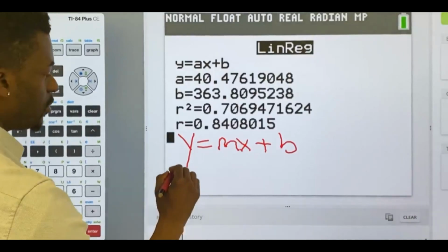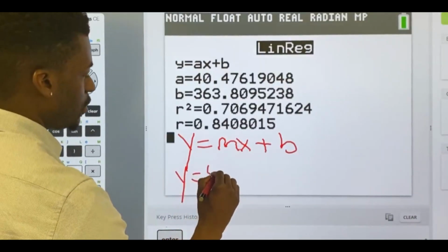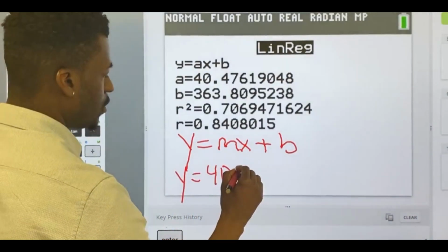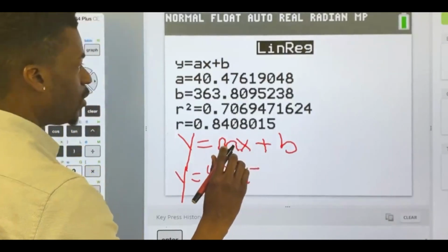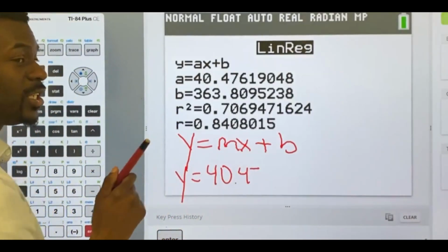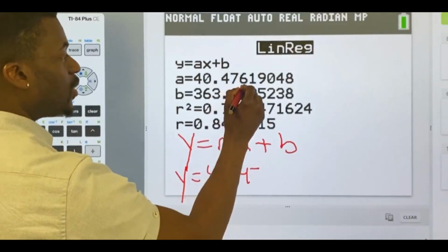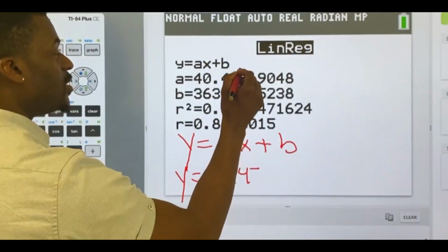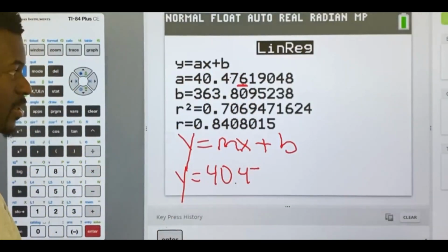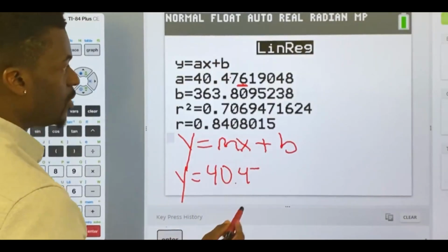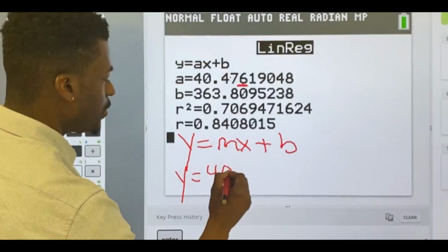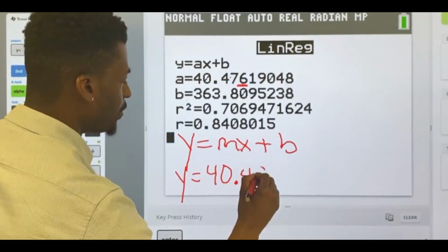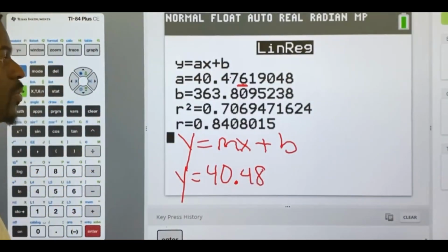Y equals 40.476. All right, but hold on a second. It went to the nearest 100. So I'm going to take this third number and use it to determine the number before it. There you go. All right. 40.48. Okay. Continue.